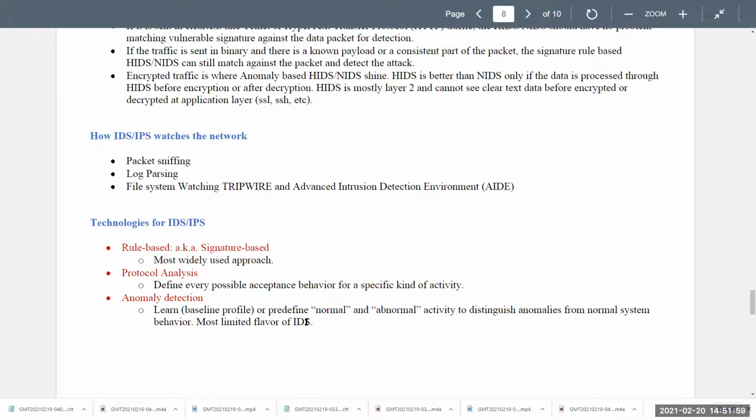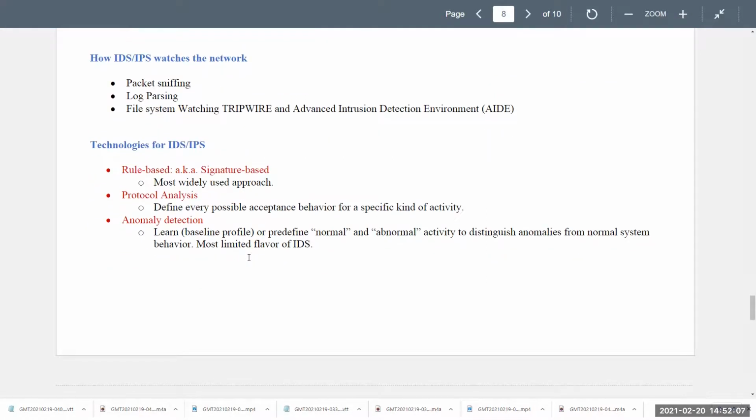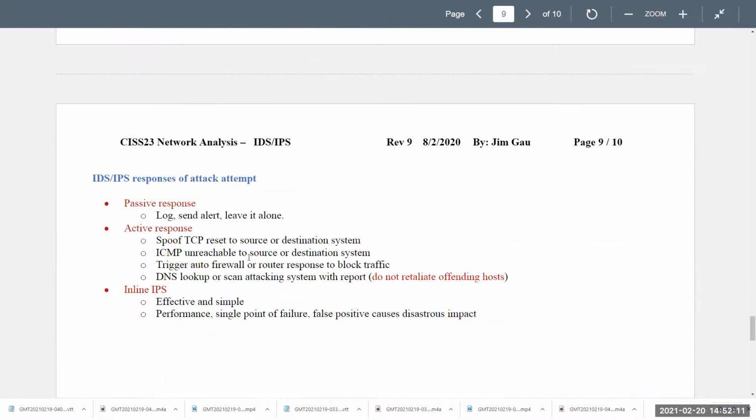Therefore, it will trigger an alert. So those are the ways that we will deploy or monitor through your IPS and IDS. And throughout the semester, we'll go into more detail about that.